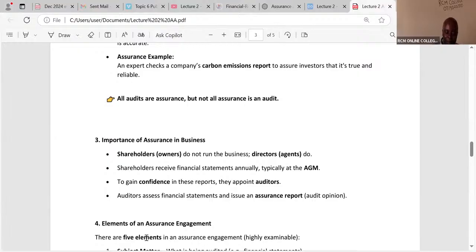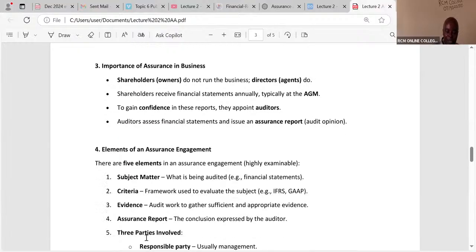An assurance engagement has 5 elements, which are these. There must be the subject matter. What is being audited? In this case, the subject matter, which is taking us to that company to audit it, is the financial statements.